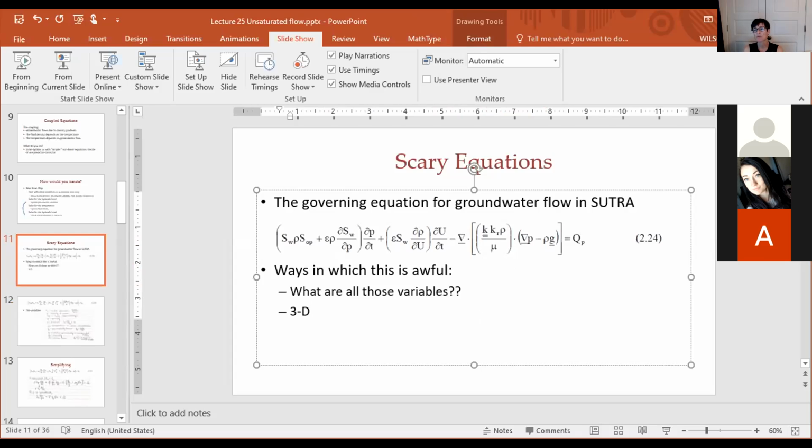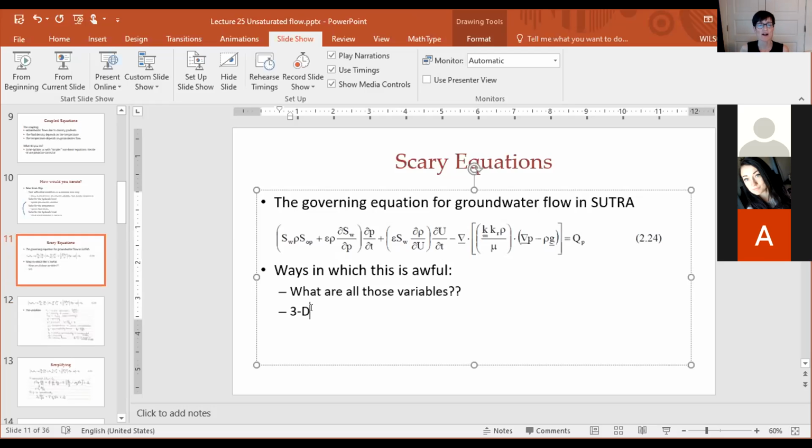Now this is a groundwater flow equation, so we're used to thinking of that as the diffusion equation. How many terms does our groundwater flow equation usually have? Ours usually has 2, right? The S sub S with the dh/dt and then the hydraulic conductivity. Our transport equations always have 3.